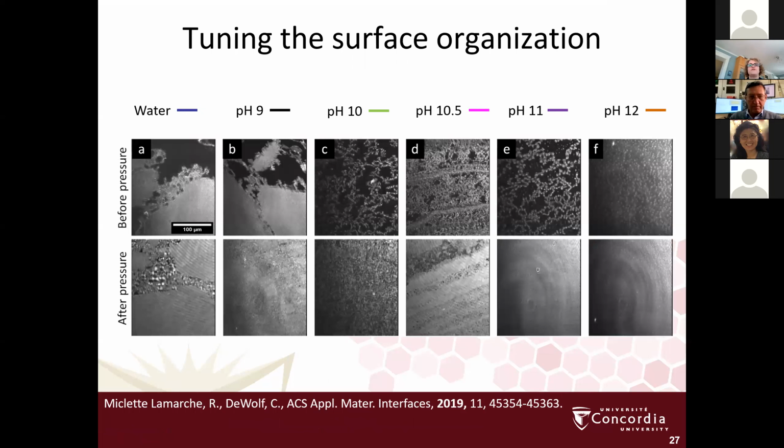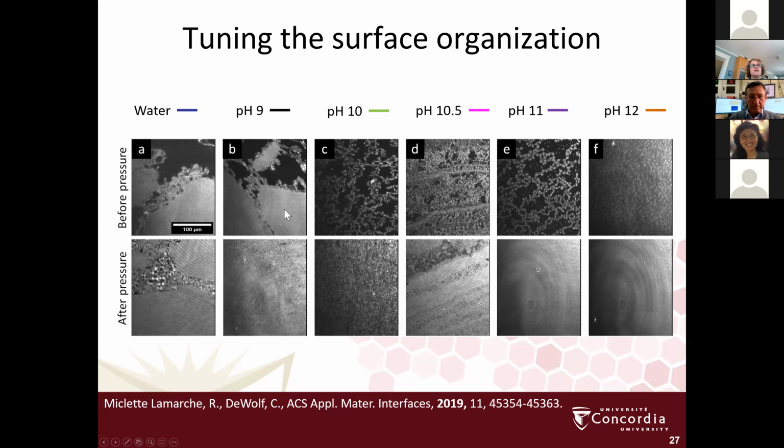Again, we turn first to Brewster angle microscopy to look at the morphology. Again, we have those large regions of aggregated state. This is before the onset of pressure, and this is after the onset of pressure. As we move from water to pH 9, we see that we never fully coalesce these interstitial spaces, which in water will actually fully coalesce into a homogeneous film.